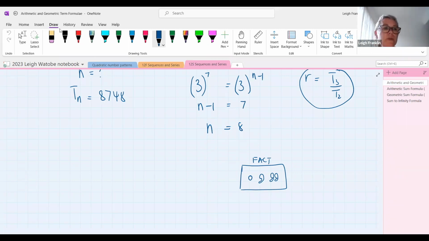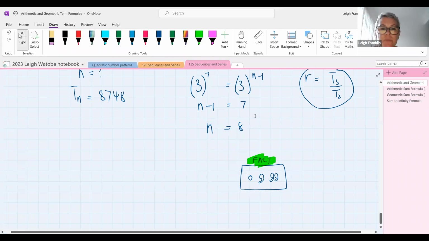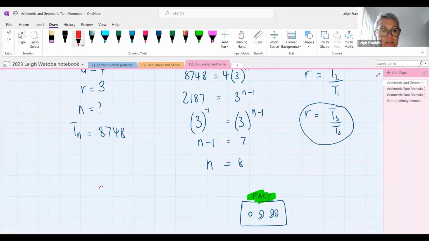So you can activate this function, which is the factorizing of a number. In this case it would be 2187. So you press 2187 and you press equals.